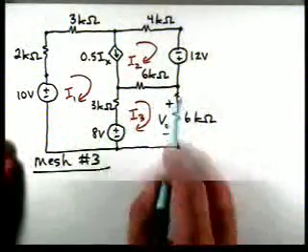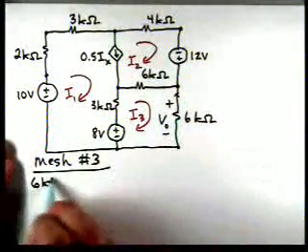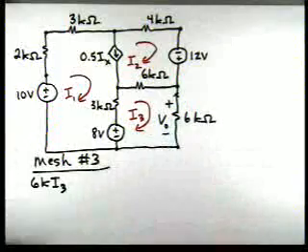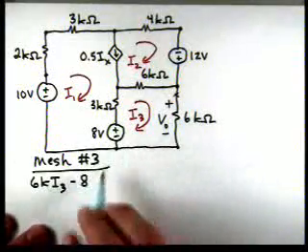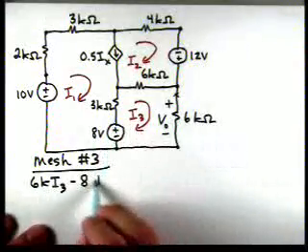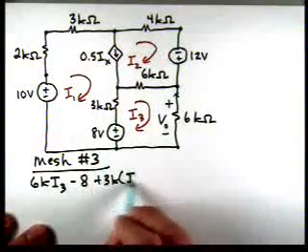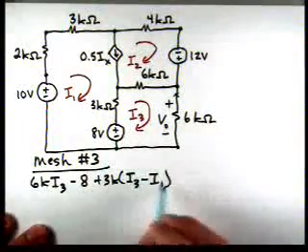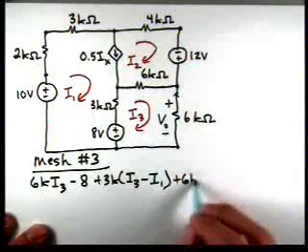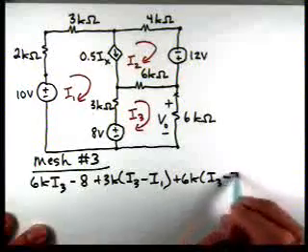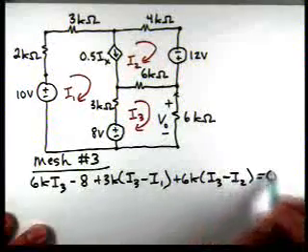So if we start here and go around, we'll have 6K times I3 as a drop across this resistor. This is minus 8. Then we'll have a drop here that's 3K times I3 minus I1. Then the drop here will be 6K times I3 minus I2 equals 0.